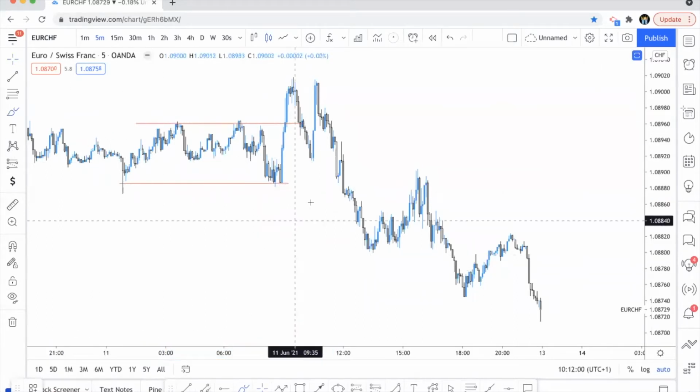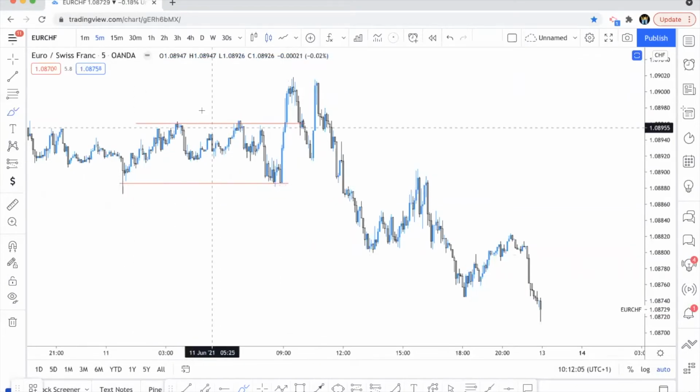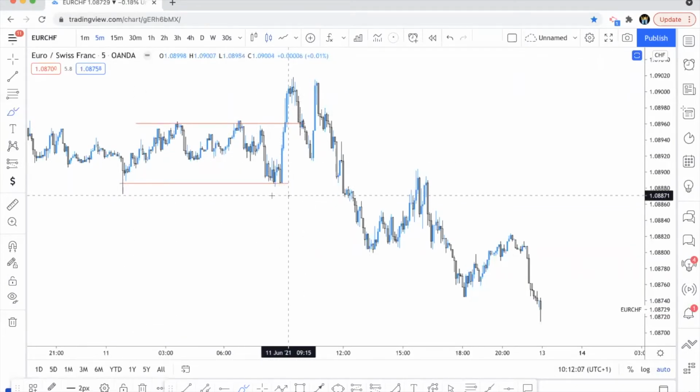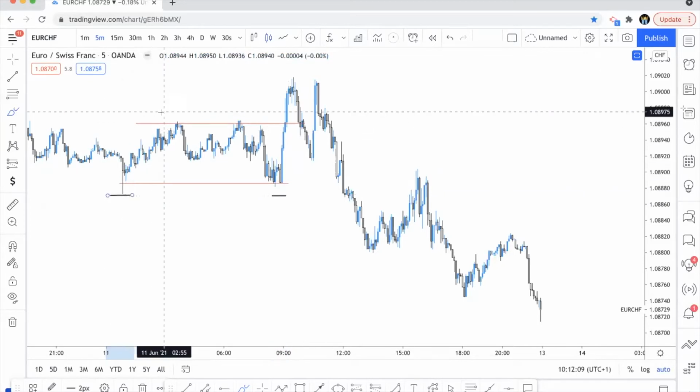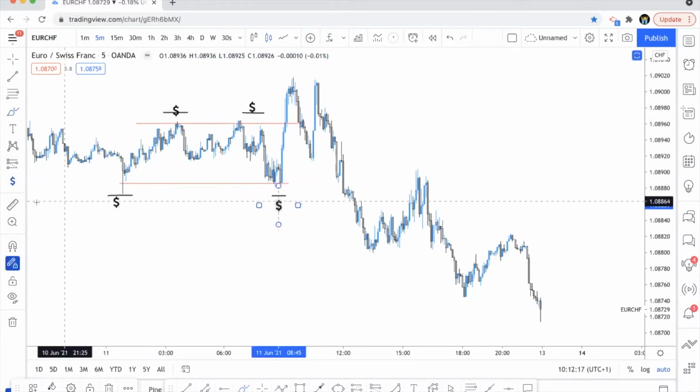And more importantly, when retail traders are buying from the double bottoms and selling from the double tops, they're actually putting their stop losses below these areas right here, and that is what's known as liquidity, because money is floating in these areas.